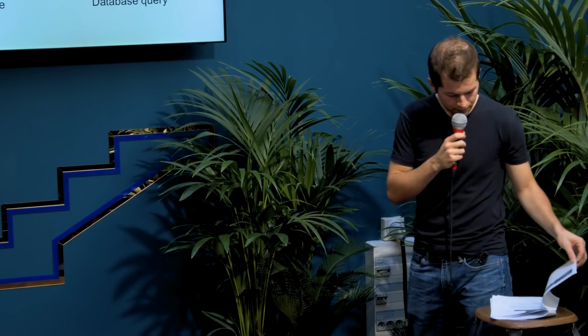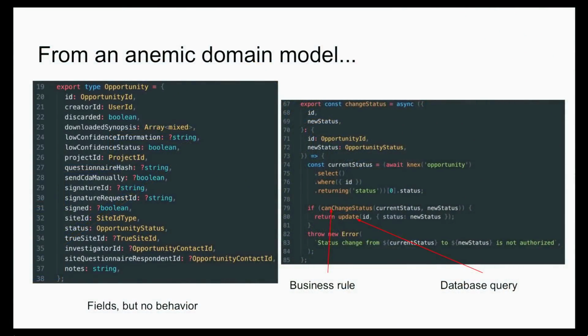So, quick example from our own code base. This is an example of a change we made where we moved from everything mixed up to a more layered architecture. We have this object, opportunity.